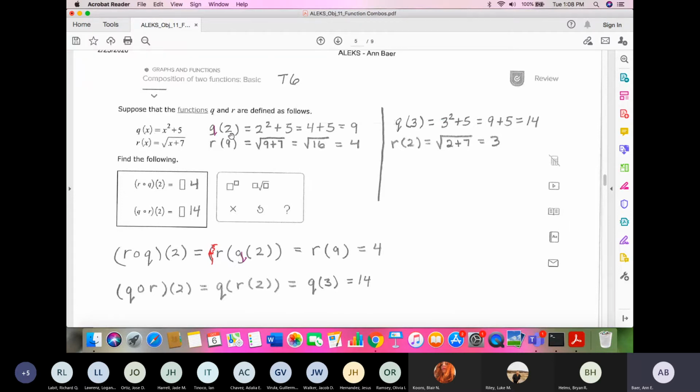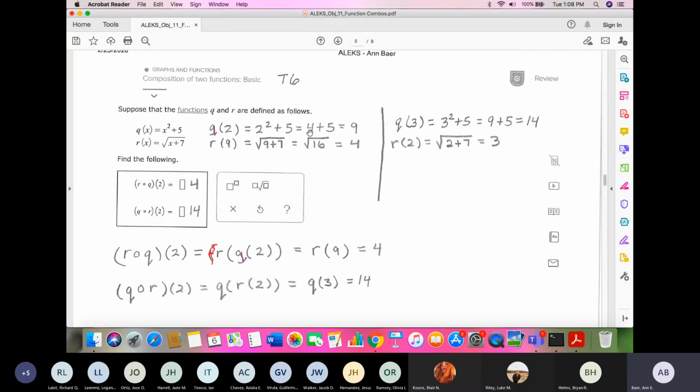So we want Q of 2. That means what's inside here is x. So we're going to plug in this 2 for x here. So we get 2 squared plus 5. Doing the calculation, 2 squared means we want 2 of these base 2's multiplied together.